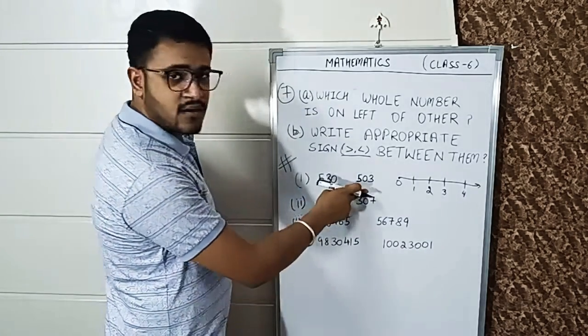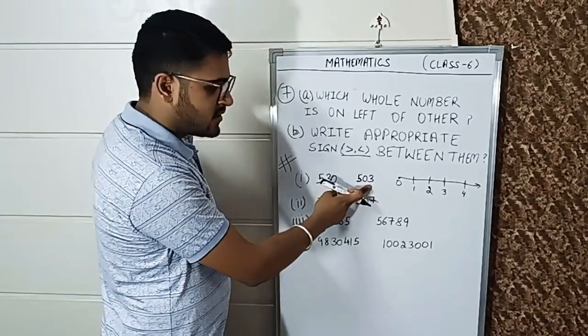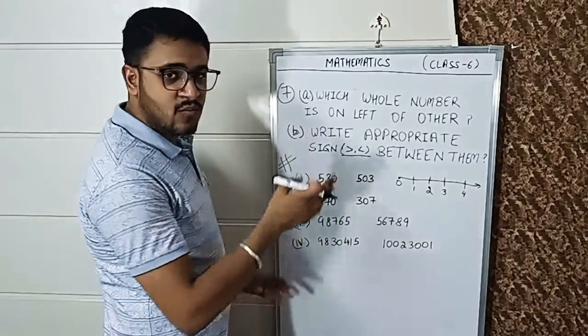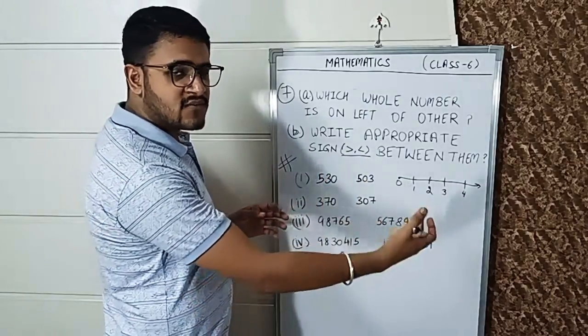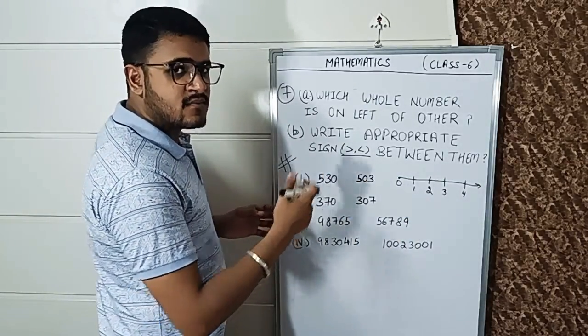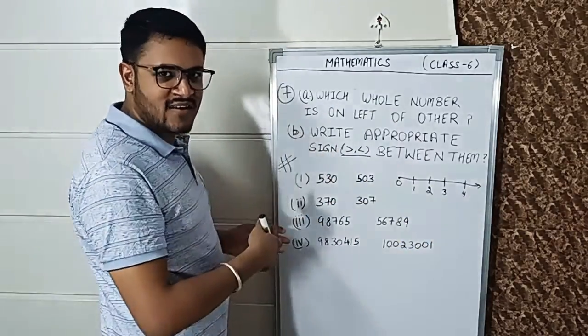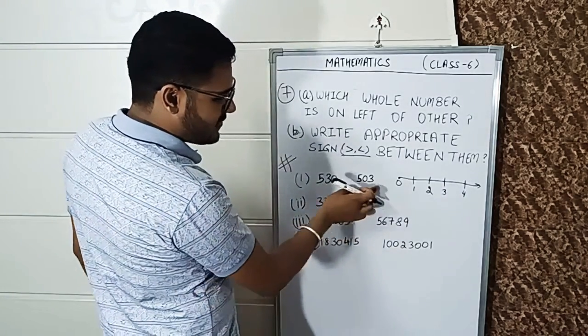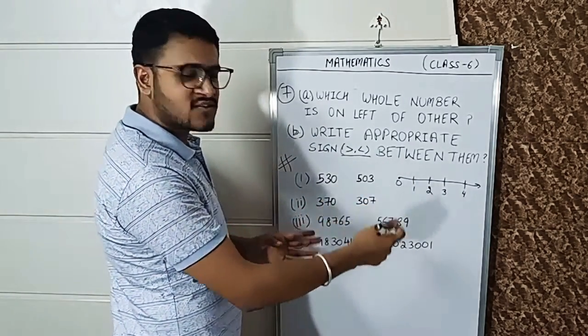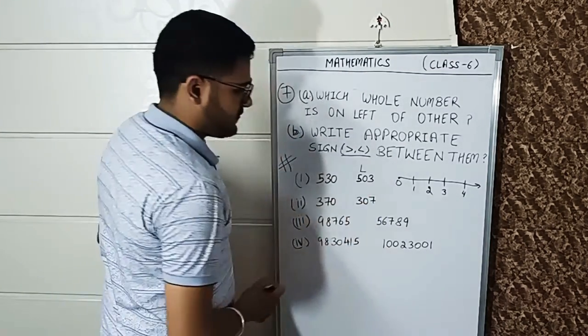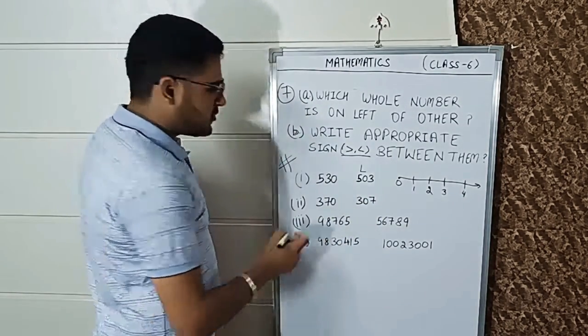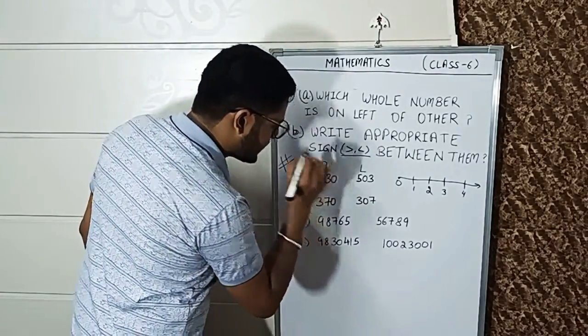Which one is smaller? 503. If 503 is small, then where will it exist, on the left side or right side? 503 is small, so it will exist on the left side. The other number will be on the right.